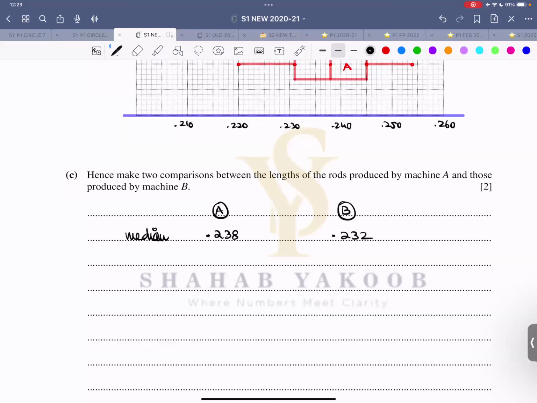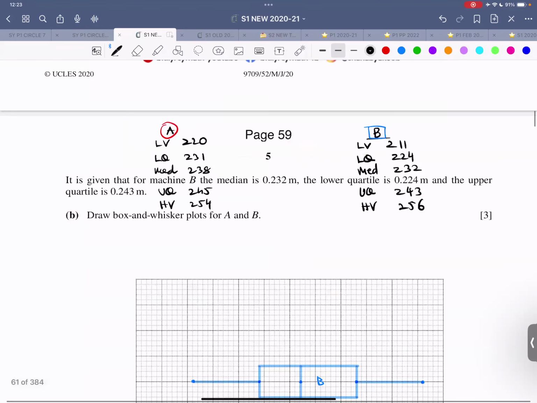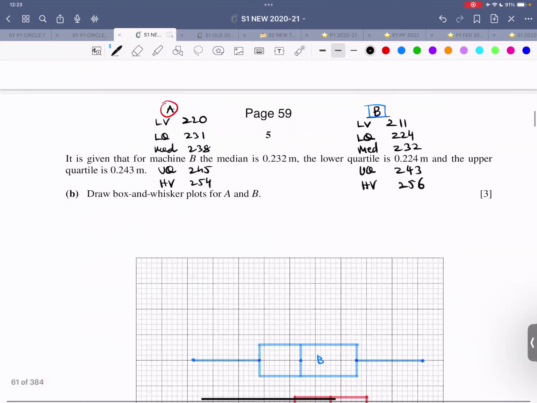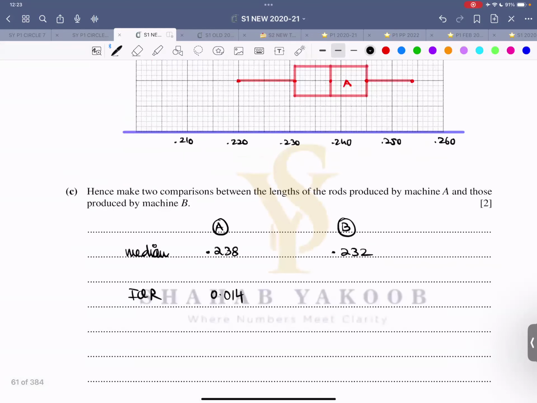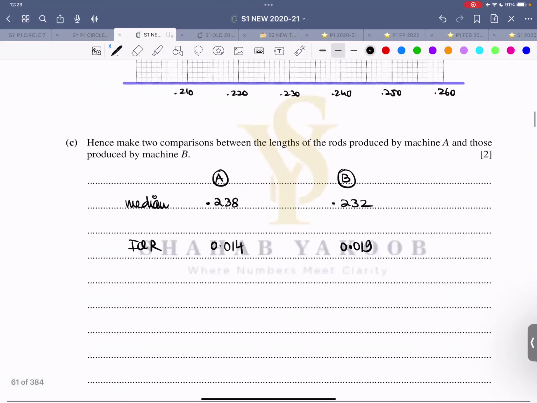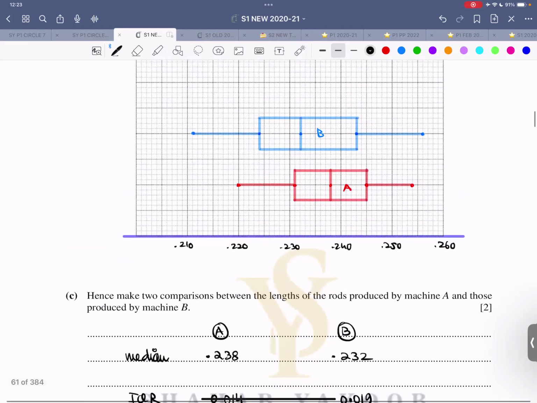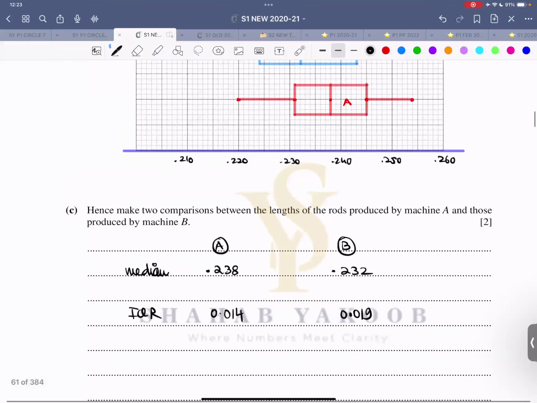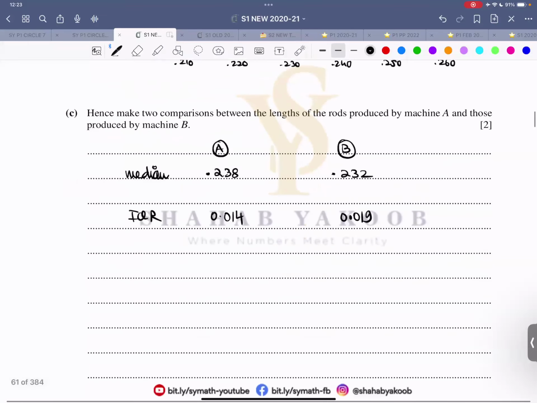And what about the interquartile range? This is 0.014. And for B, how much is that? 224, 243, that's 0.019. And we can also talk about skewness, but I think these two are better to talk about.